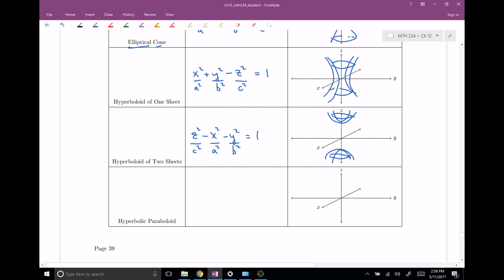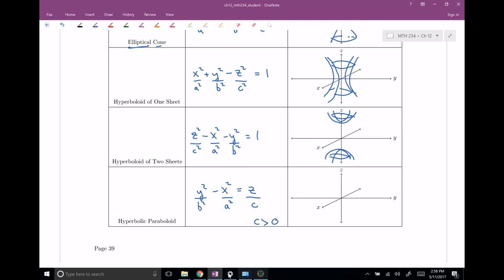And then finally, the hyperbolic paraboloid. This looks like y squared minus x squared is equal to z. And again, we'll sprinkle in, here's maybe b squared, here's maybe a squared, and here's a c. The big thing here, we do have to specify c should be greater than 0 in this case.